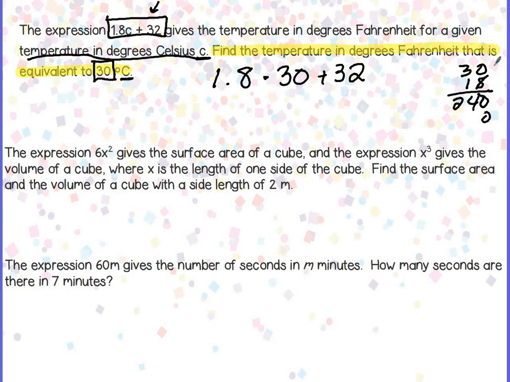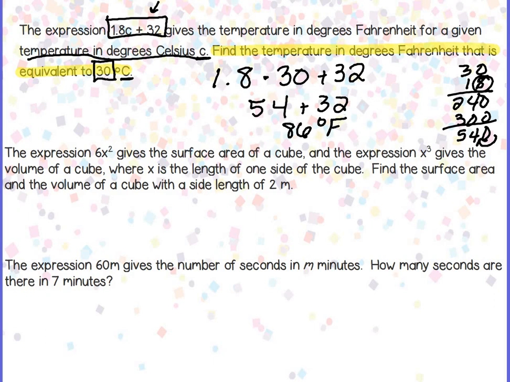I'm done with that, so I add the 0. 0 times 1 is 0, 3 times 1 is 3, so I get 540. Okay, and I have to move my decimal over once because I have one number after the decimal, so this is 54 plus 32. So if it is 30 degrees Celsius outside, that means that it is 86 degrees Fahrenheit.